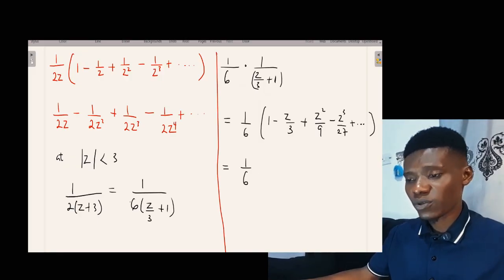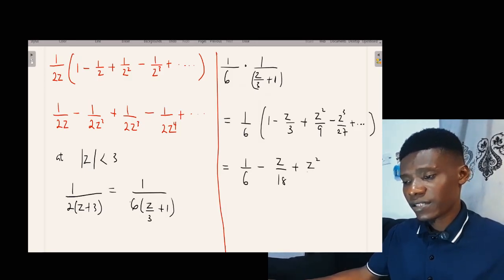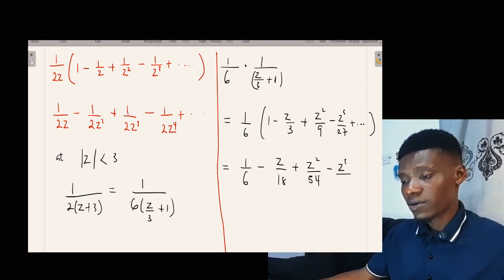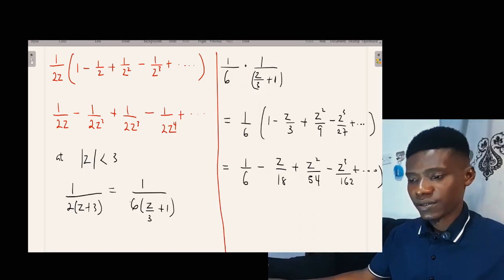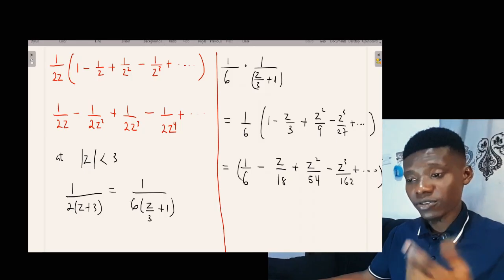You open the bracket with 1 over 6, and that gives you z over 18 plus z squared over 54 minus z cubed over 162, and so on and so on. So this is the result you get.